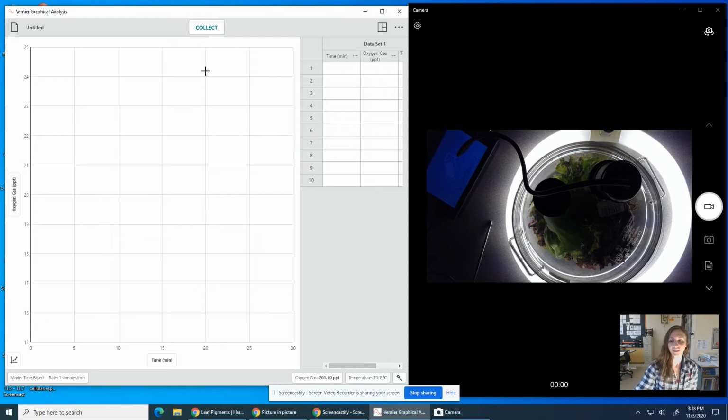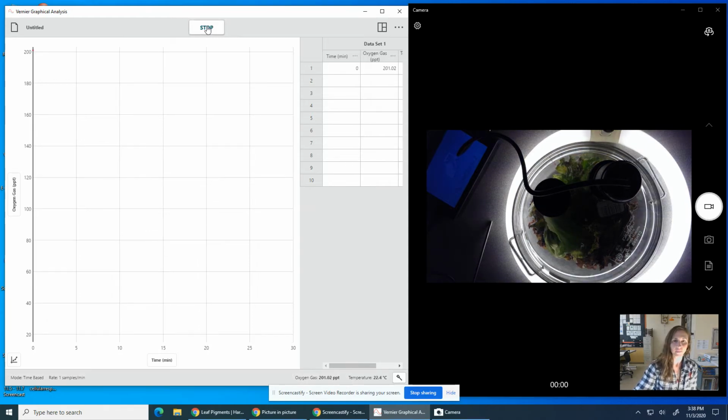And hit collect. All right, so we have one measurement in, and we are simply going to watch this and let it run for 30 minutes. And then what I will be doing is I'm going to share the completed data set with you.